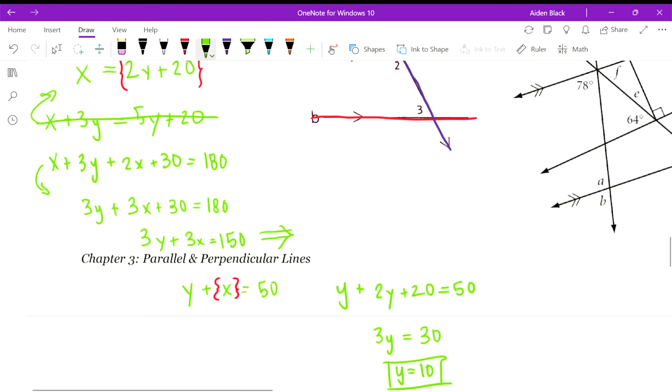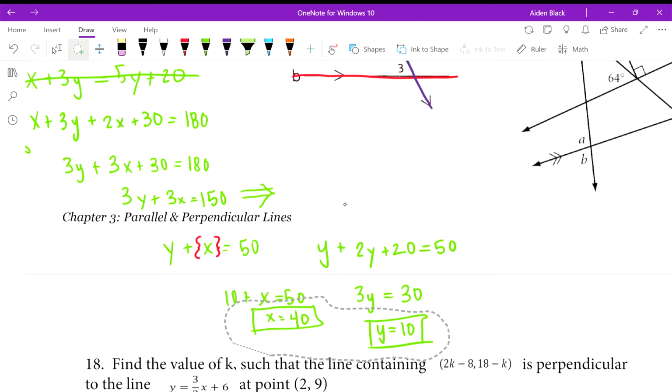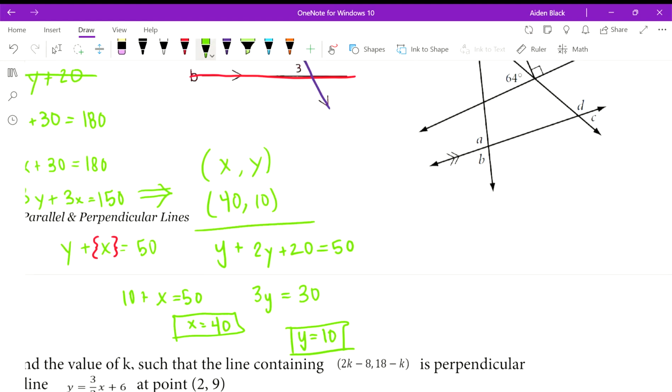Cool, since y equals 10, I can plug it back in here to find x. Cool, so I have those two solutions, in which case we would write x comma y as our solution. So this is what your solution looks like.